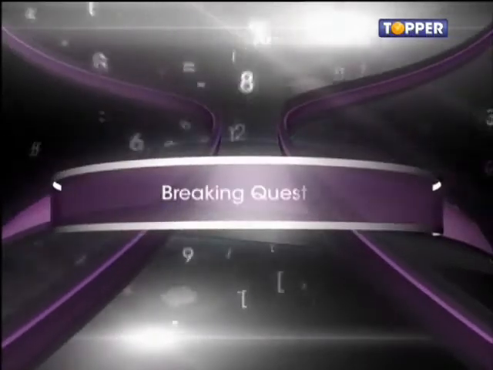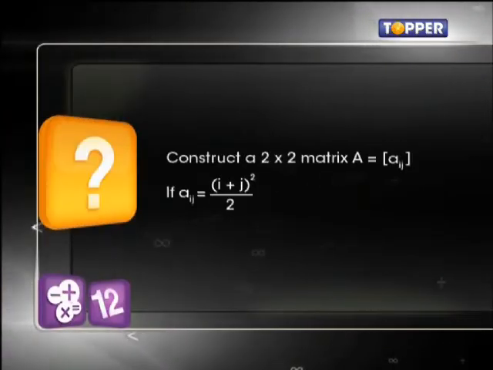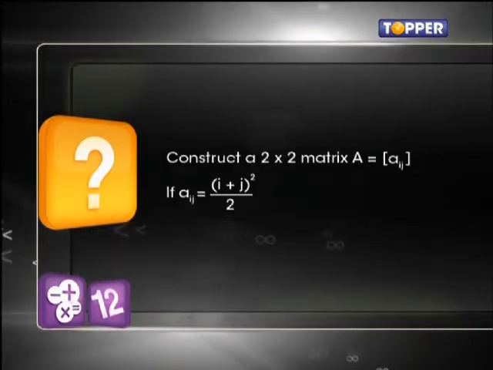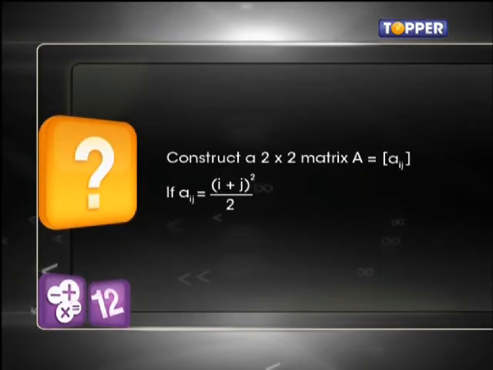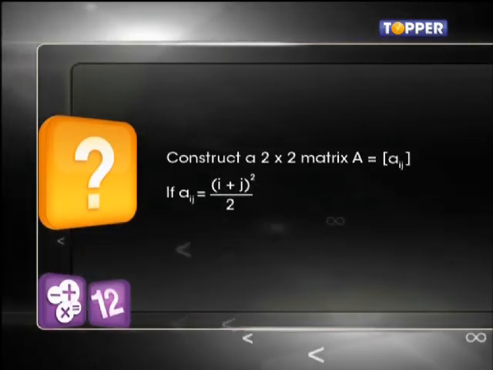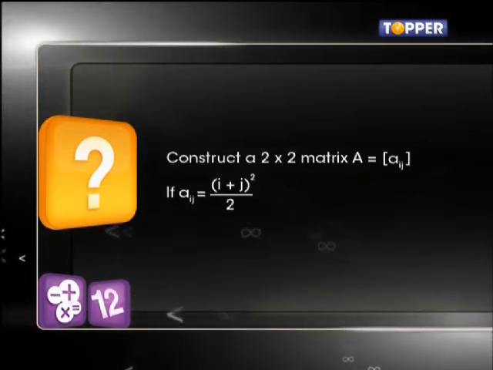Right now, I'll leave you with this breaking question. Construct a 2 into 2 matrix for A equal to aij, if aij equal to (i plus j) square by 2. Chew your pencils on this while I'll take a short break.